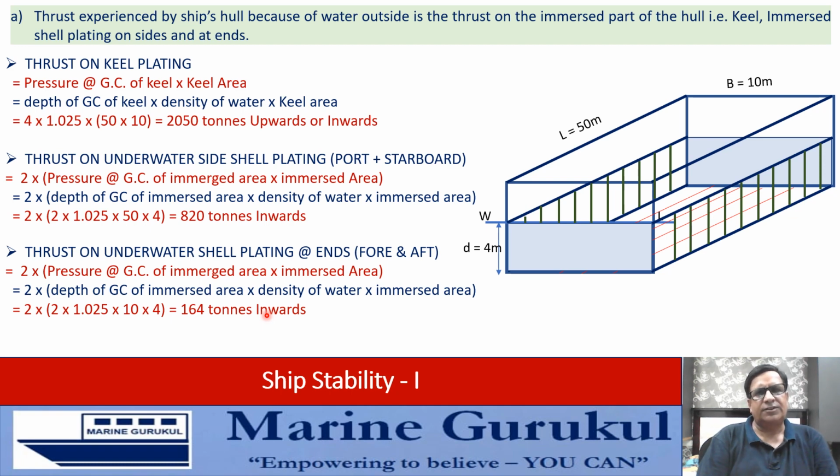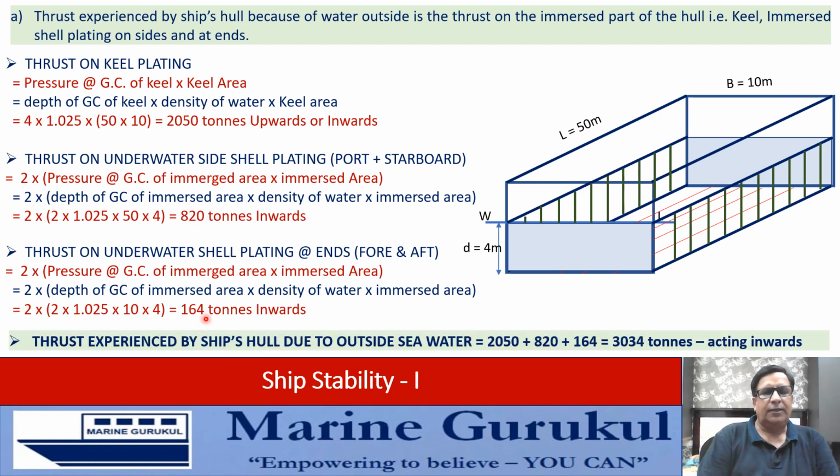The total thrust experienced by the entire immersed hull shall be the sum total of thrust on the keel, thrust on the two sides and the thrust on the two ends, and the total thrust then becomes 3034 tons acting inwards.